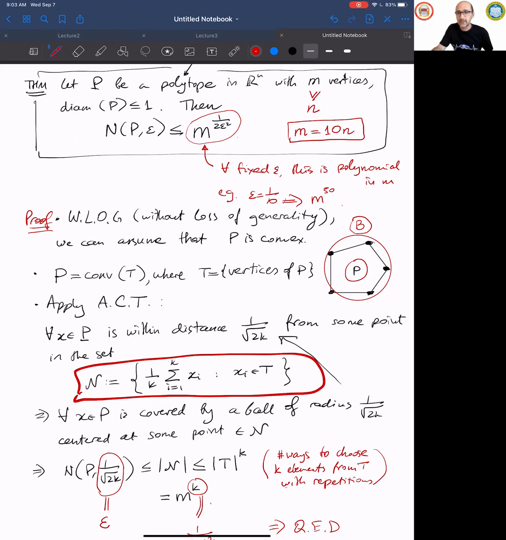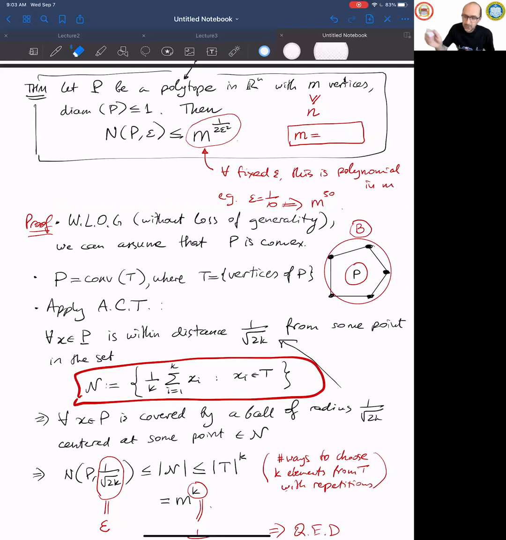Of course, what you can say, and that is actually a good point, is: what goes wrong in my argument if M is exponential in n itself, if we have a polytope with extremely many, exponentially many vertices? Then it invalidates this contradiction, because the right-hand side here will again be exponential in dimension, just like in the ball.